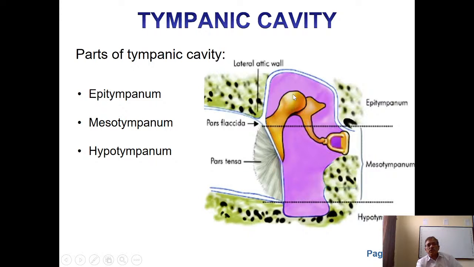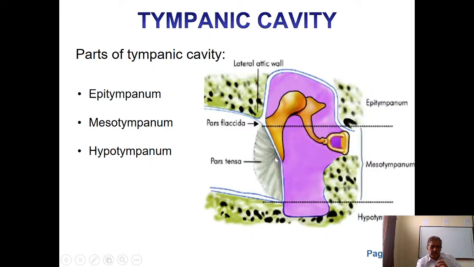Then you have three bones, which are the malleus, the incus, and the stapes. And we have been going through the various parts of these. The malleus has got the head, a lateral process, an anterior process, and the handle of the malleus.